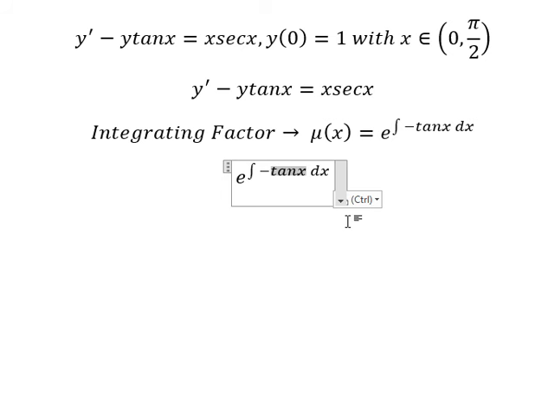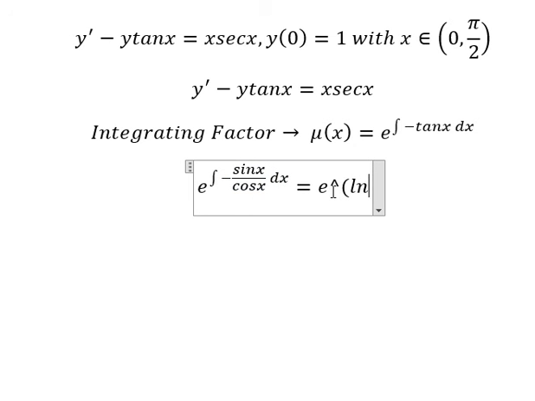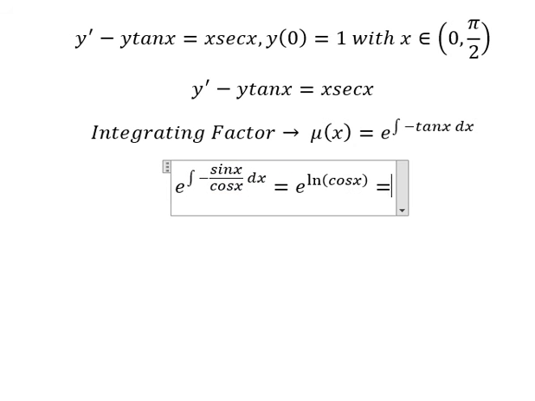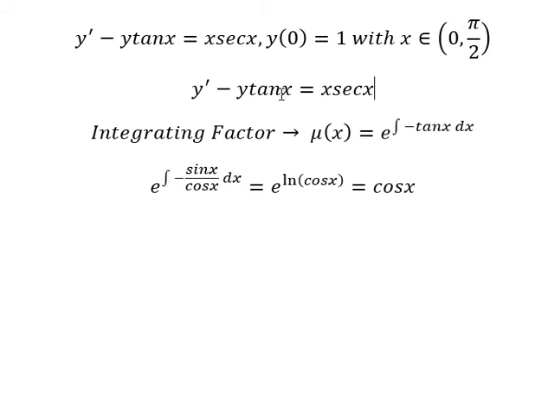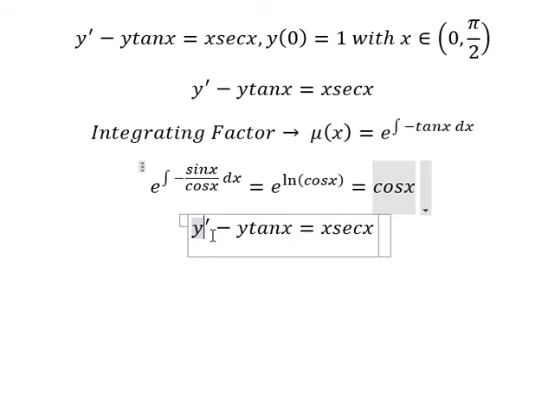Tan s is sine s over cosine s. The integral of negative sine s over cosine s, you will get e to the power of ln of cosine s, and this one you get cosine s. That means we need to multiply both sides by cosine s.